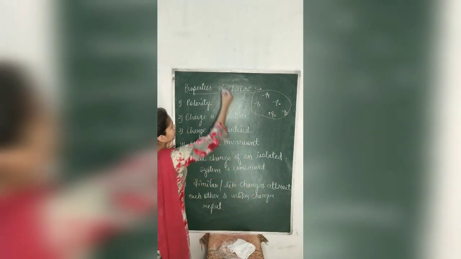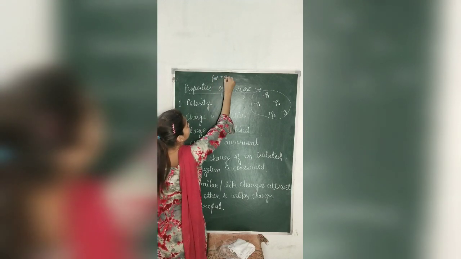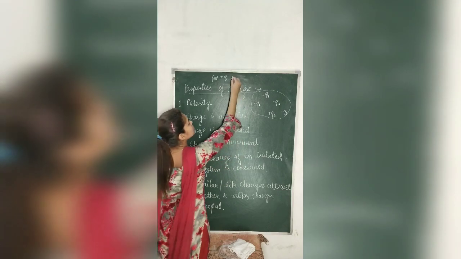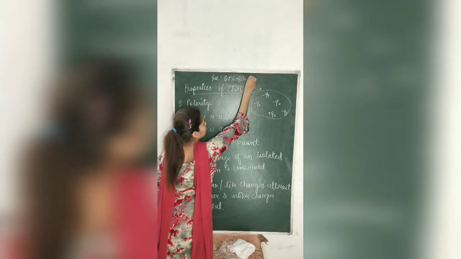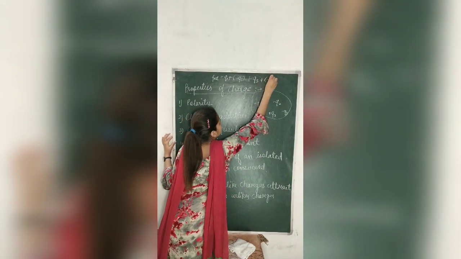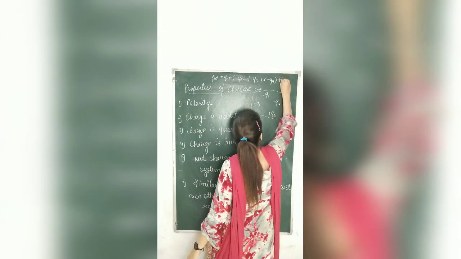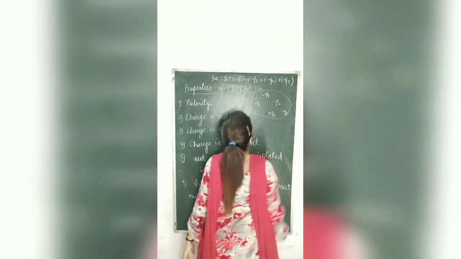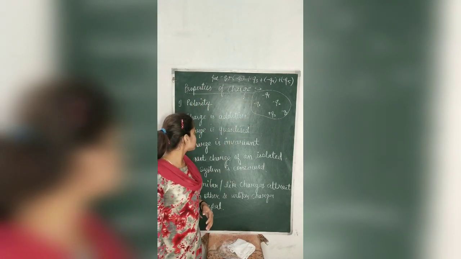So the net charge of the system equals Q1 plus (minus Q2) plus Q3 plus (minus Q4) plus (minus Q5). This result will give the total charge in the system.